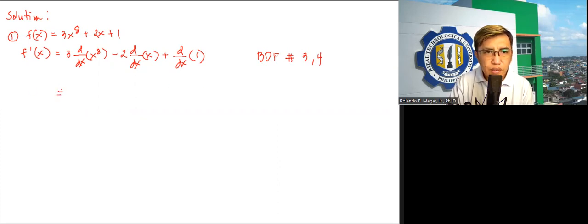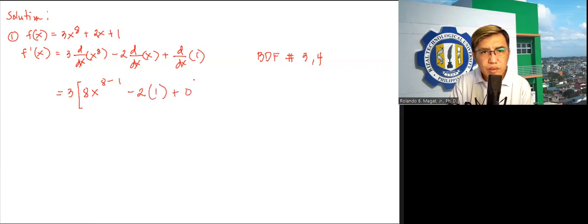Next, this is 3 times 8x raised to 8 minus 1, minus 2 times 1, plus 0.